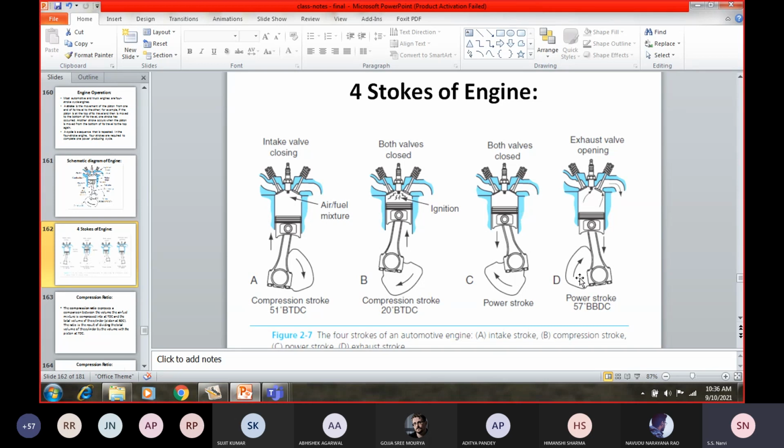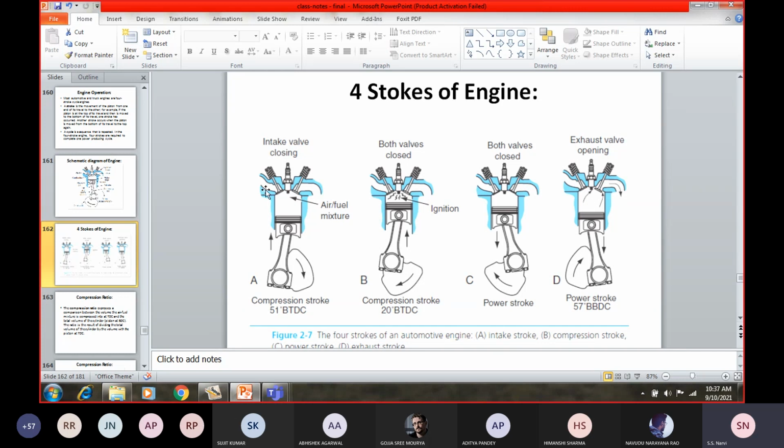Then the fourth stroke is known not as the power stroke, it is known as the exhaust stroke, isn't it? Exhaust stroke. When it goes up again, the suction valve will be closed and the exhaust valve will be open, and whatever combustion products are formed will go into the exhaust pipe, and again it will reach here.